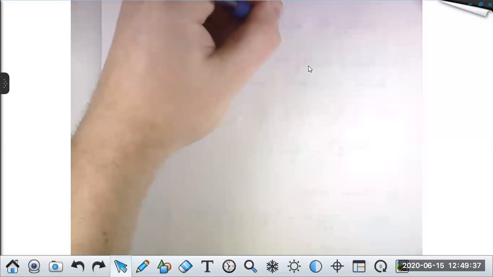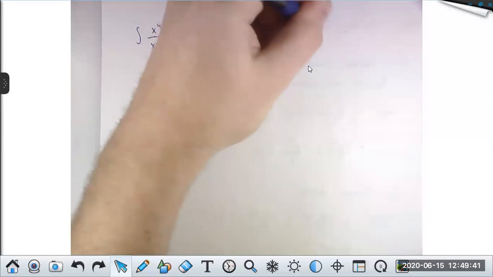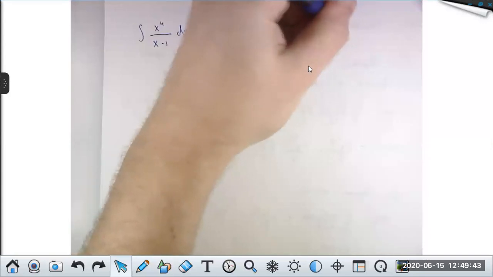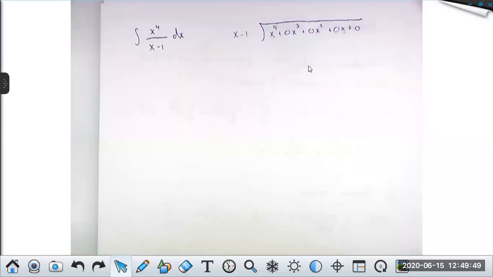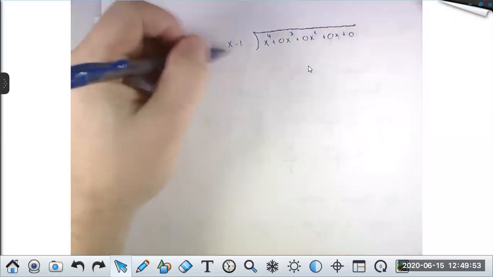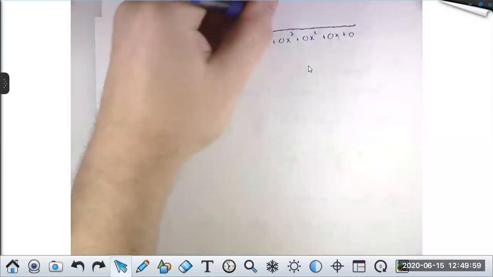So I write my denominator here, x to the 4 plus 0x cubed plus 0x squared plus 0x plus 0 over here. Remember, we always insert those missing terms. I pay attention just to the lead term. So what times this lead term equals this lead term? That's x cubed.